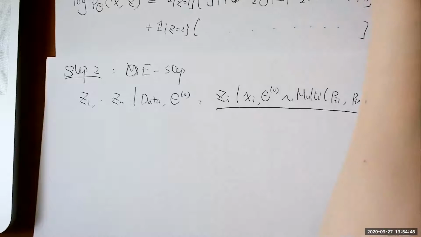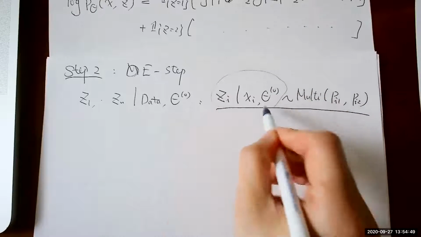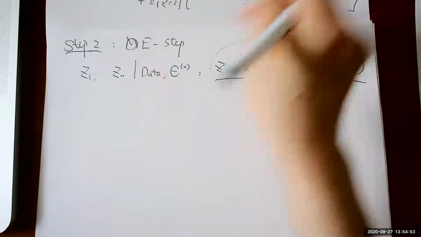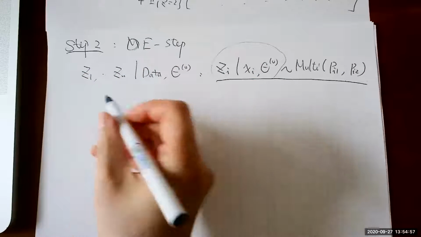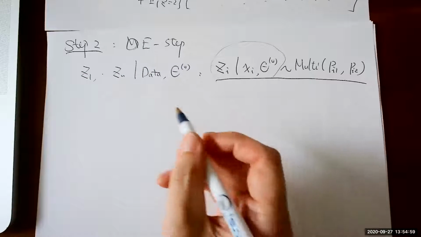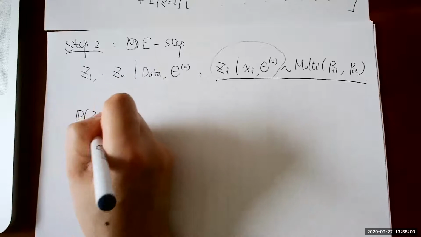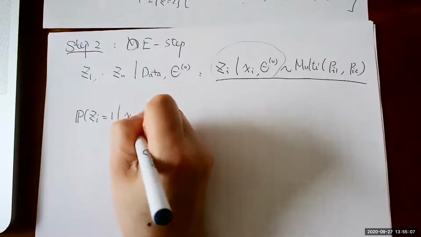Actually, that's easy because this is just a conditional probability. And this is actually the calculation we've done in our Bayes formula in coding 1. So what is the probability of zi equal to 1 given the data xi?